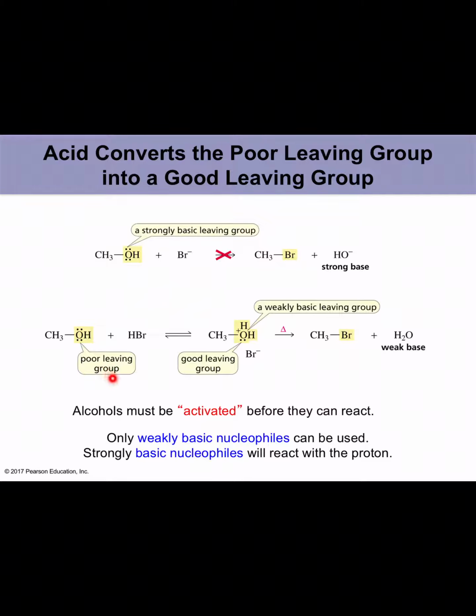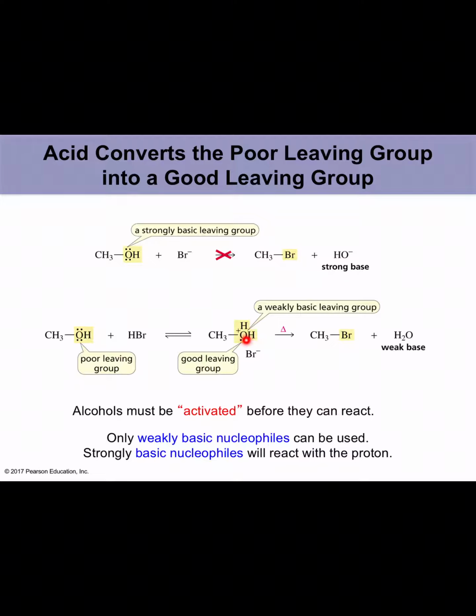So what we normally do is convert this poor leaving group to a better leaving group. Instead of using Br minus, we can perform the reaction in an acidic medium. HBr is hydrobromic acid. So what's happening here? The hydroxide group takes a proton from the acid, and then it becomes oxygen with two hydrogens.